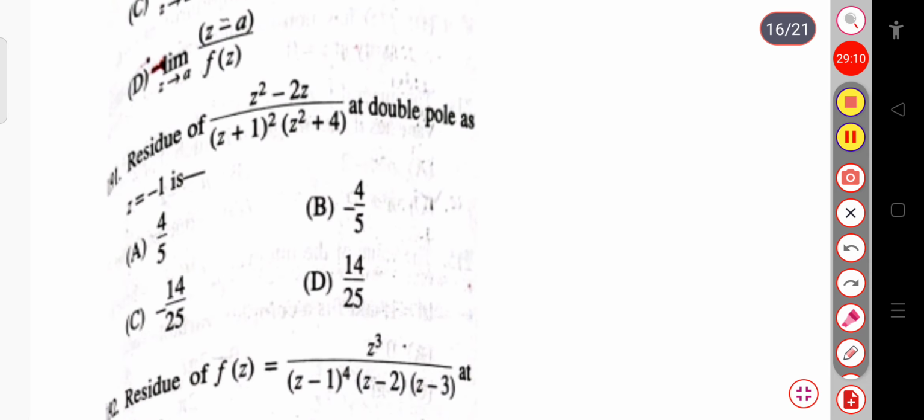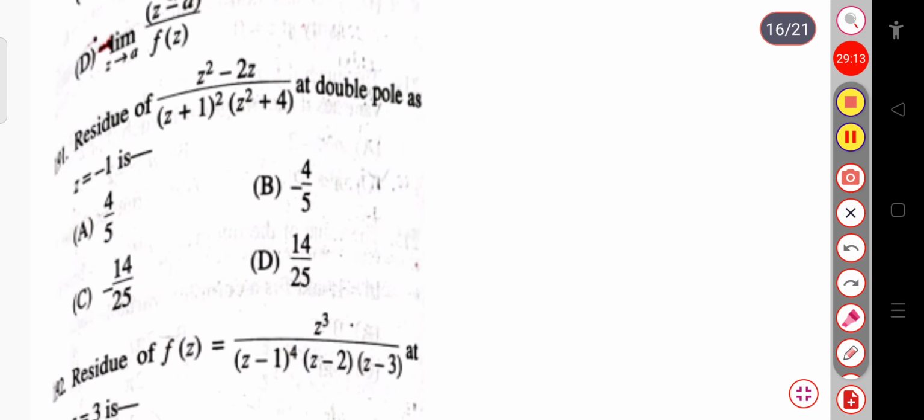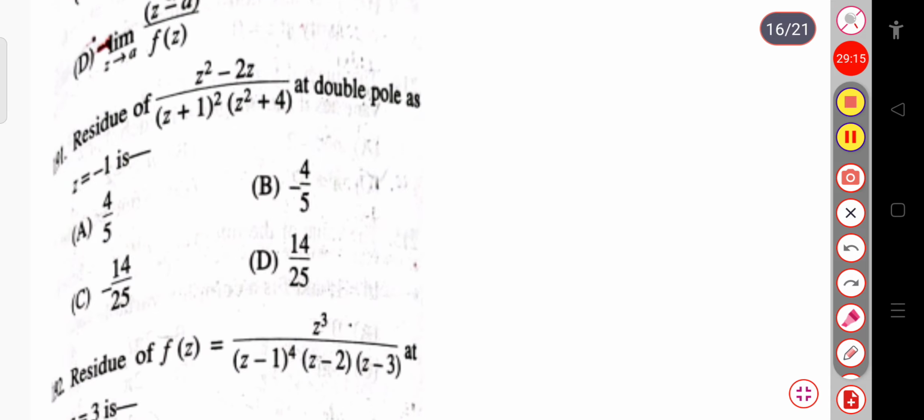Now the next question: calculate the residue of the function (z square minus 2z) divided by this much, at the pole z equal to minus 1.